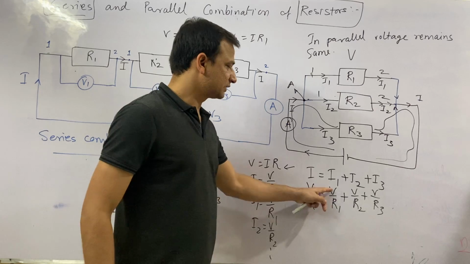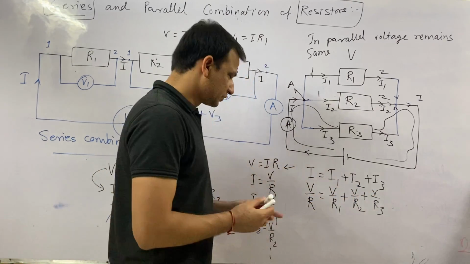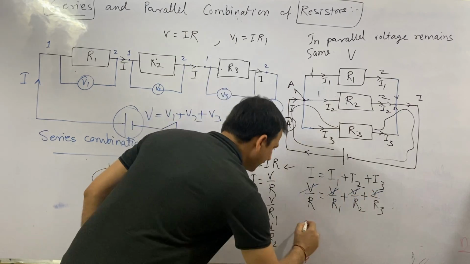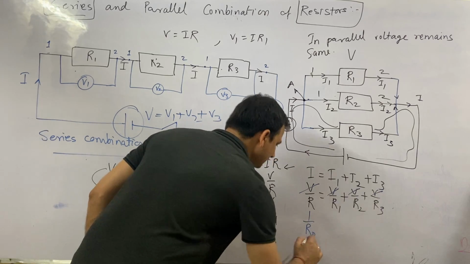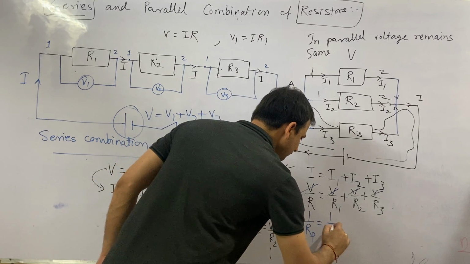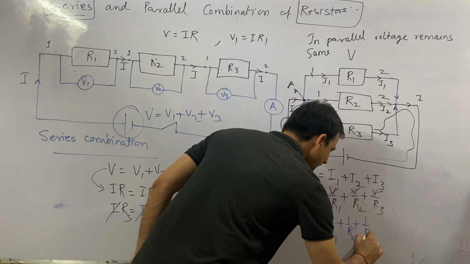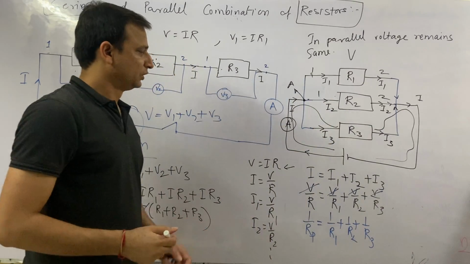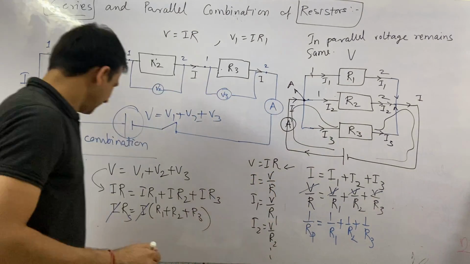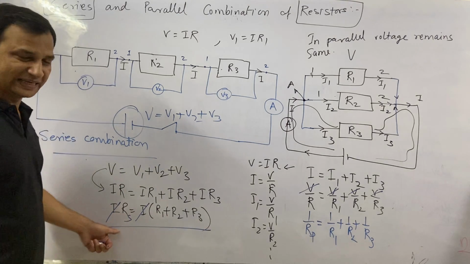You can see V is common in all the positions. So I can cancel this V by taking it common, and you will get 1 by Rp, P for parallel. So resistance in parallel would be 1 by Rp is equal to 1 by R1 plus 1 by R2 plus 1 by R3. So this is the formula for resistance in parallel, and this is the formula for resistance of the resistors in series.